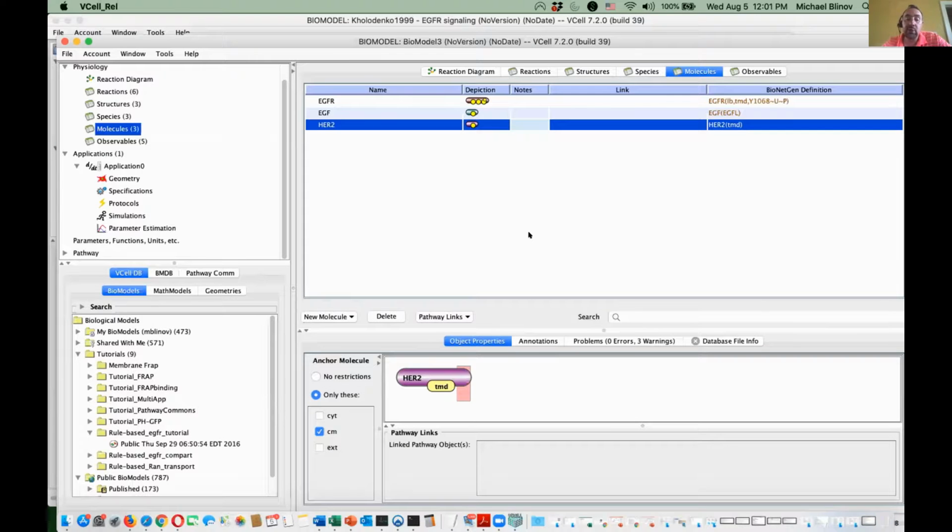If you have, for example, a rule of translocation of HER2 into endosome, then this rule will not be applied unless you add another compartment, endosome, and enable this molecule to be located also in endosome.